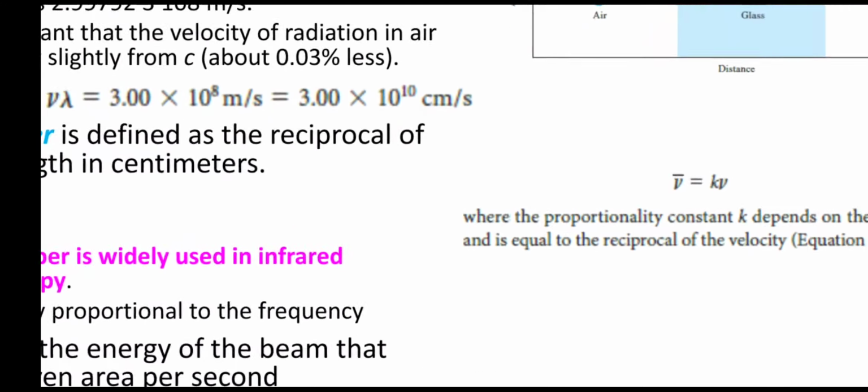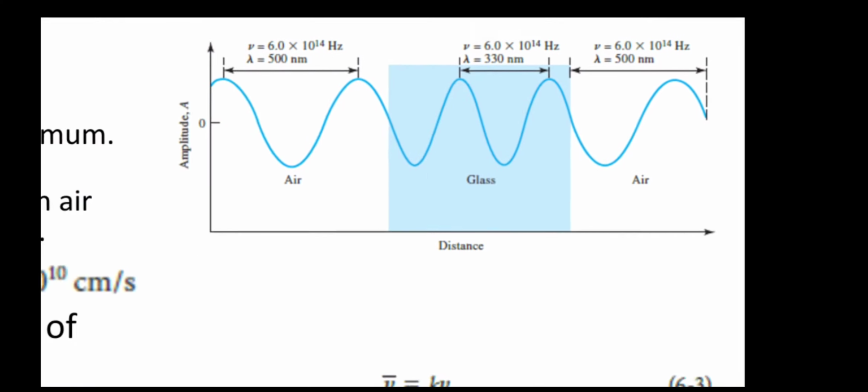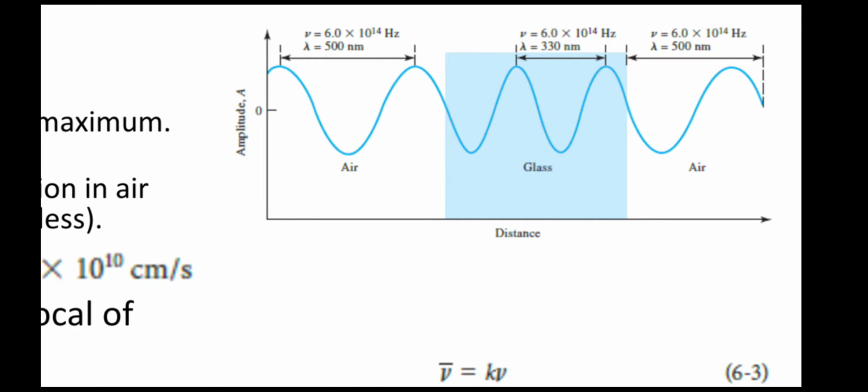You can see in the right-hand picture that lambda equals 500 nanometers in air, and when it comes to glass, which is a denser medium than air, it is 330 nanometers. But the frequency is the same in both. So frequency may not change, but the wavelength changes.